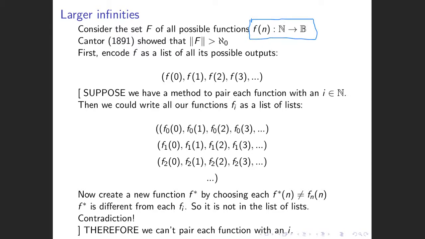Every possible function that takes a natural number as its input and gives you 0 or 1 as its output. So this was done by Cantor in 1891, okay? Sometime before the computational logicians.